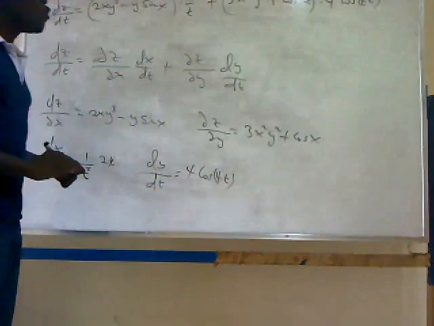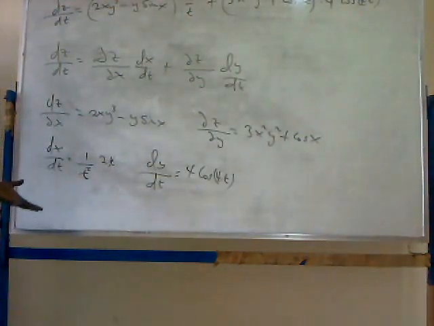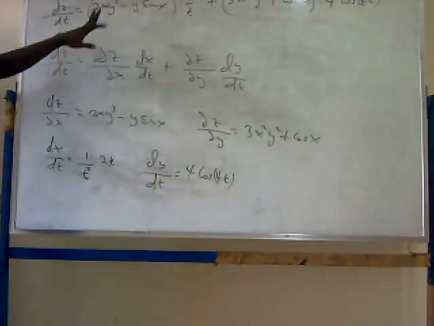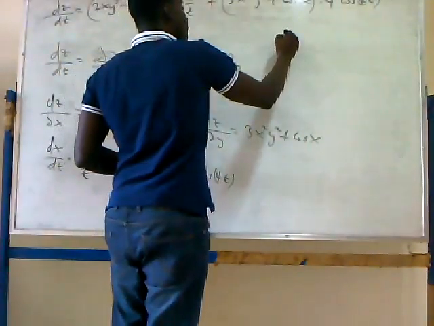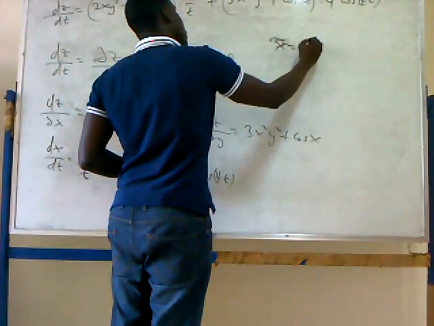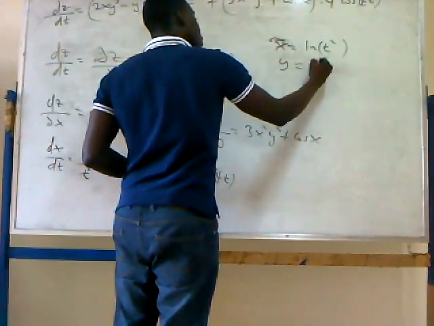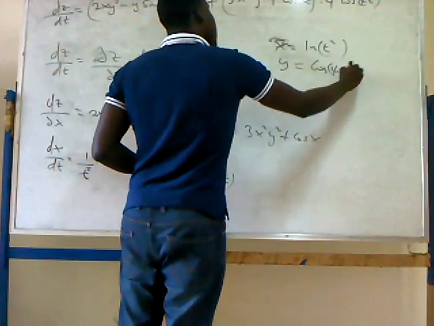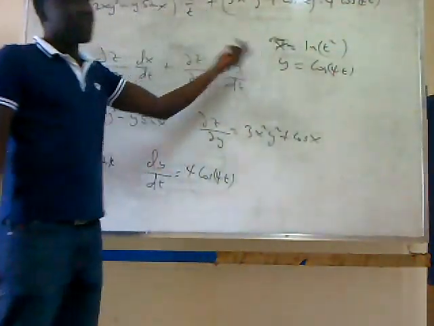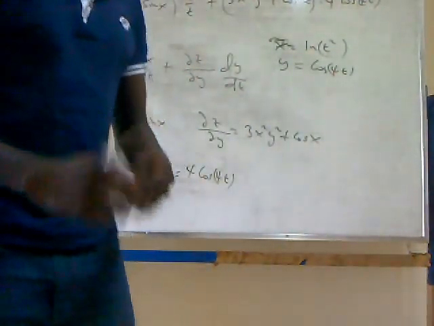Now here, we have finished solving the question. In place of x and y, we said x is equal to ln t squared and y is equal to sine 4t. We put these there and we are through.